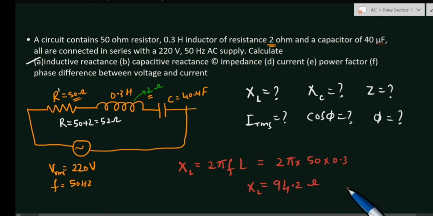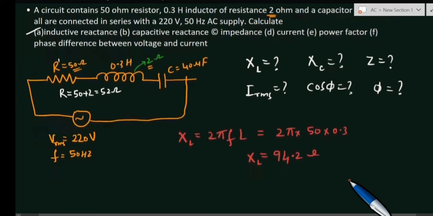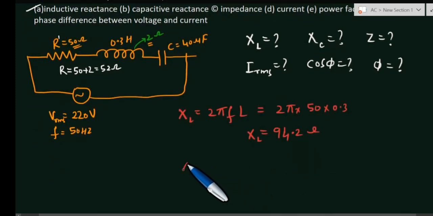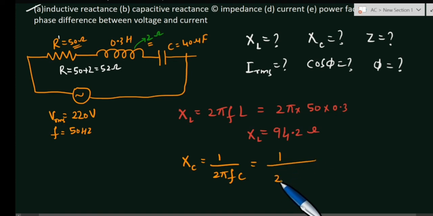Next XC value. So XC is equal to 1 divided by 2 pi f into C. This is 1 divided by 2 pi, f value is 50 and C value is given, 40 into 10 to the power minus 6.